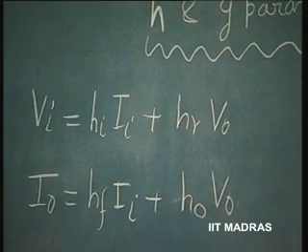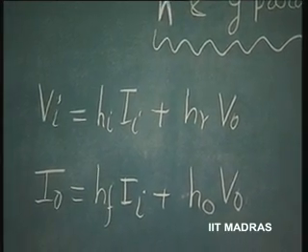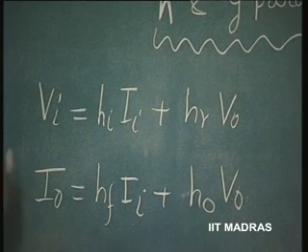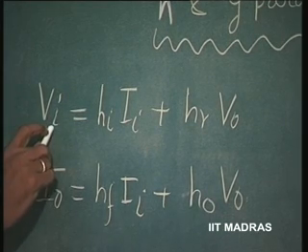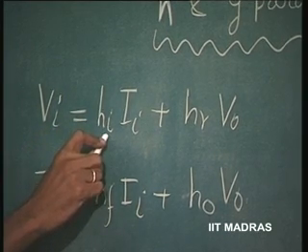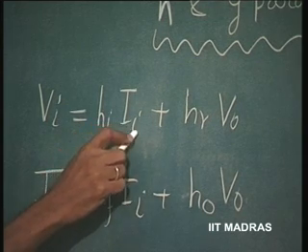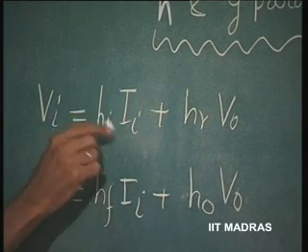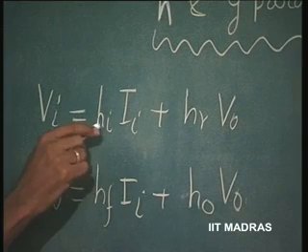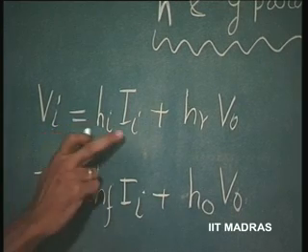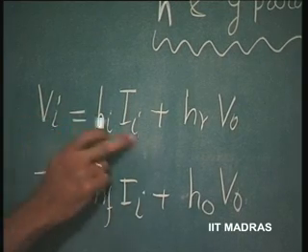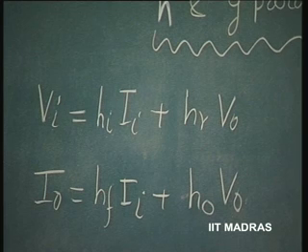So, in such a situation we can write linear relationship for these dependent variables, Vi as Hi into Ii. So, this is the H parameter. So, suffix is Hi because i is involved with i. This is totally input parameter.